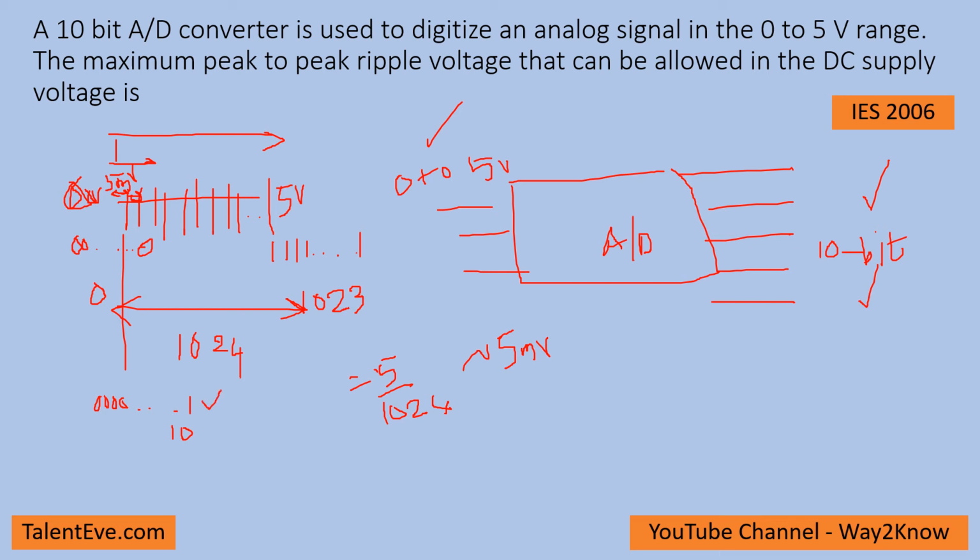The value should always be less than or equal to 5 millivolts, such that I can represent this value. Now let us assume there is a ripple and the value goes to 6 millivolts or 7 millivolts. Then it has exceeded this, and this will be read by the A by D. So the minimum value of variation, that means the voltage variation, would be 5 millivolts.